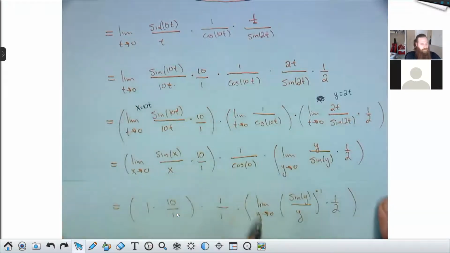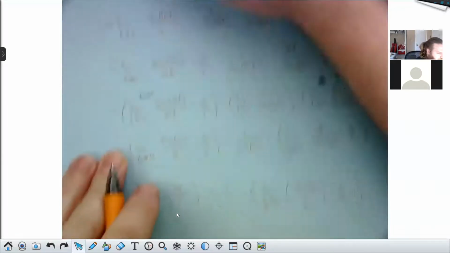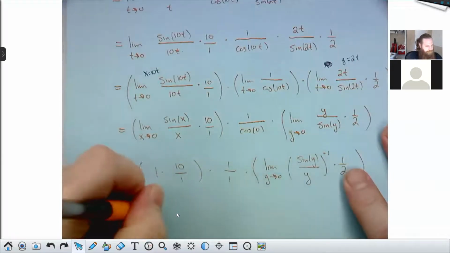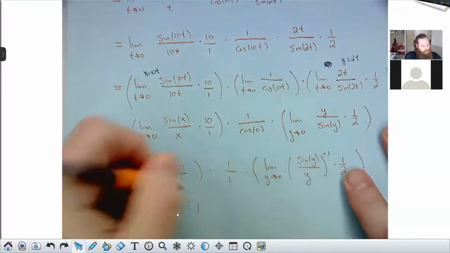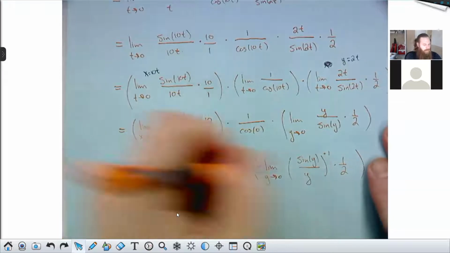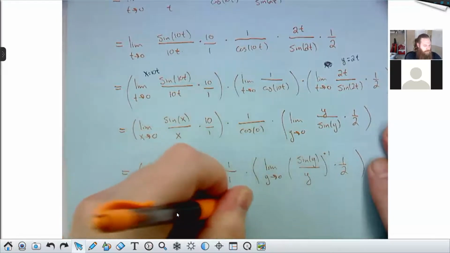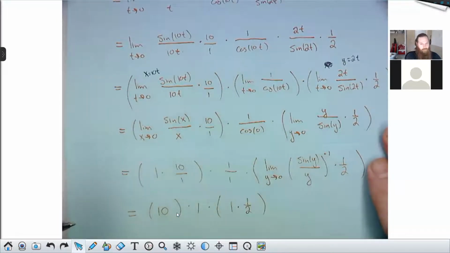And now this piece, I recognize the limit as y goes to 0 of sine y over y is also 1. So right here I have a 10. Here I have a 1. And over here I have a 1 times 1/2. So at the end of the day, this is going to be 10 times 1/2, or 5.